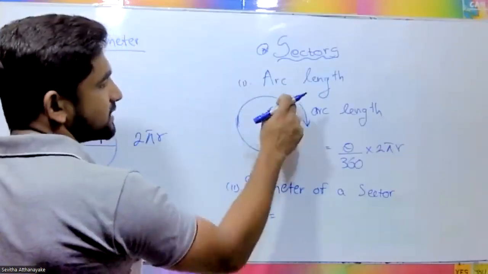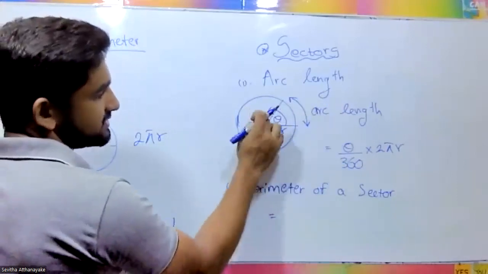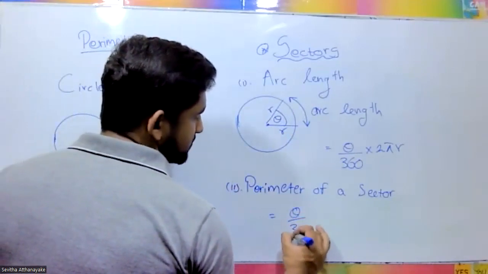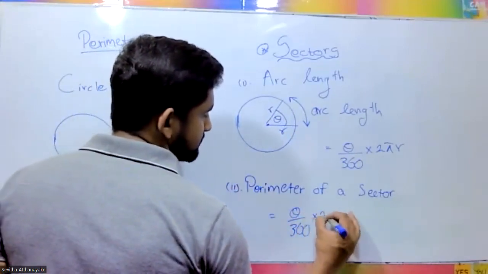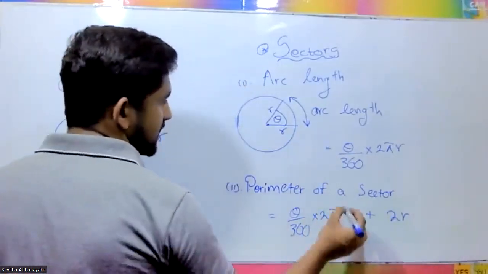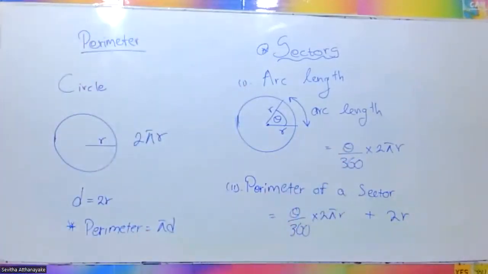Then theta over 360 into 2 pi r plus 2r. Arc length plus 2 radius. Write down this.